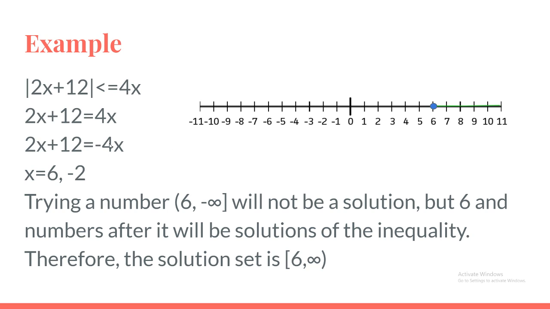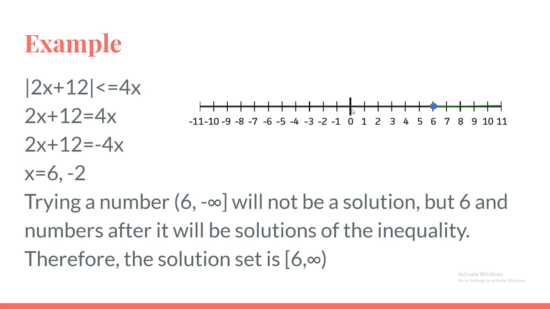So then solving for x for both of these two equations, we'll get x equals 6 and minus 2. Now, if we try a number lower than 6, there will not be a solution.